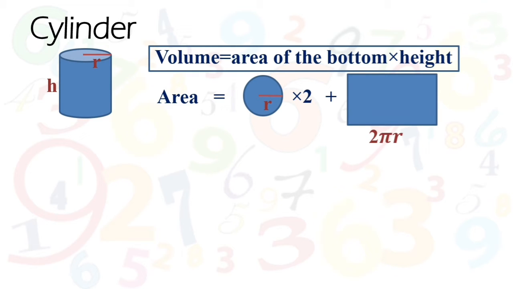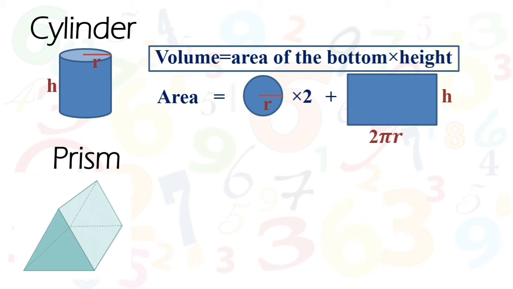So length we can take it as 2 pi r, because this label is placed around a circle. So the breadth is h. Now it is a rectangle. You can use the same formula that you use to find out the area of a rectangle, length into breadth. Then it will be 2 pi r into h.